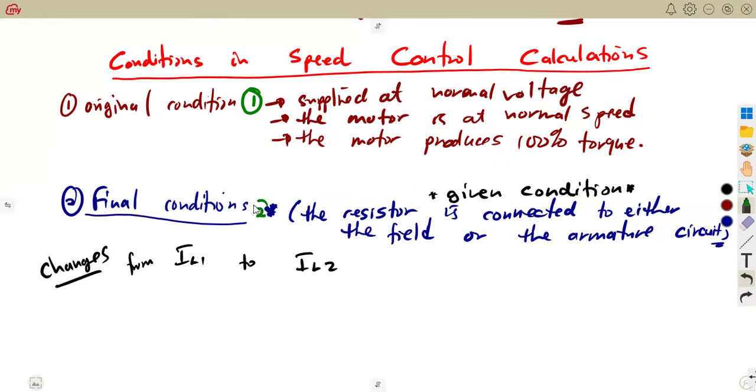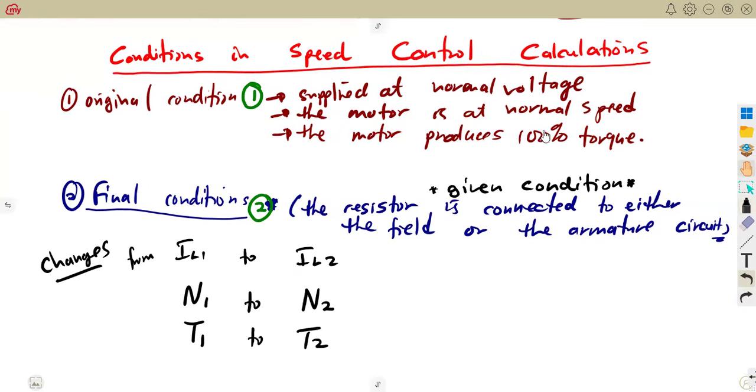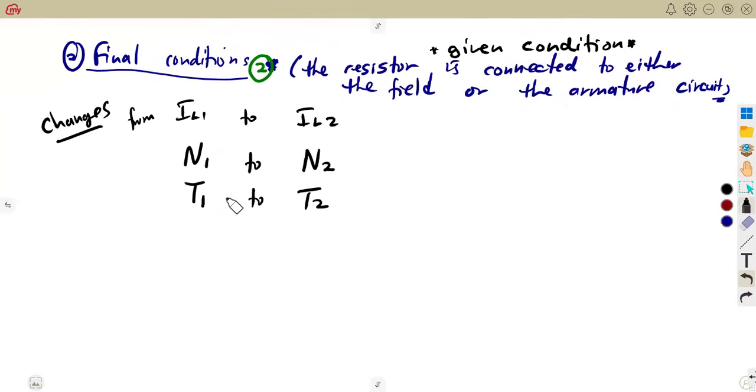The final condition, you denote with 2. So the load current is going to change. The speed itself is going to change from N1 to N2. The torque is going to change from T1 to T2, considering the EMF that is being induced, which is our back EMF. It is going to also change from E1 to E2. There are changes which we are going to notice.